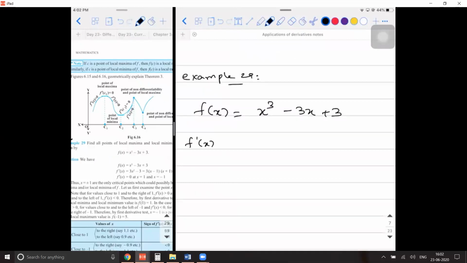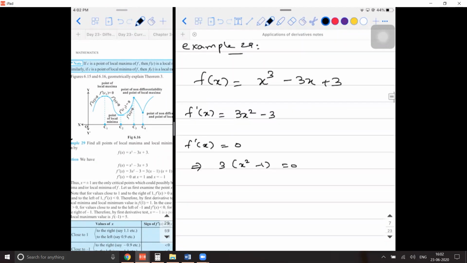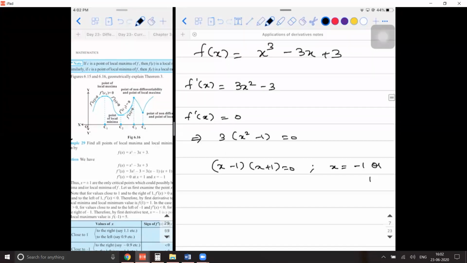First step, for maxima or minima, is always f'(x) = 3x² − 3, and equate f'(x) to 0. So you get 3(x² − 1) = 0, so (x − 1)(x + 1) = 0. So what are the stationary points? Minus 1 or 1. But we don't know whether minus 1 is going to give me the least value or plus 1 is.